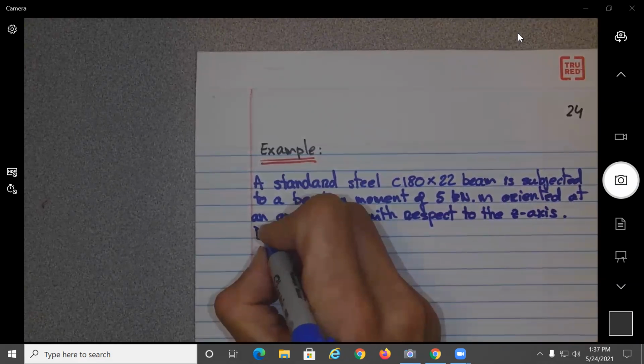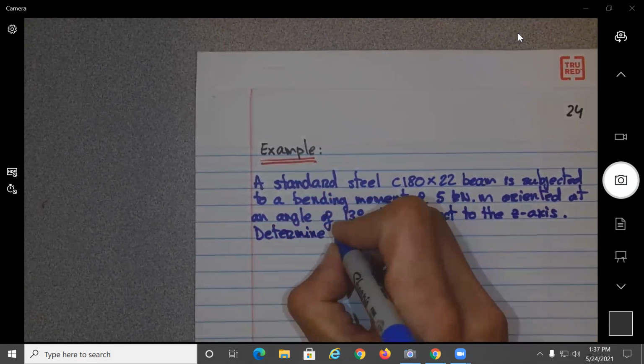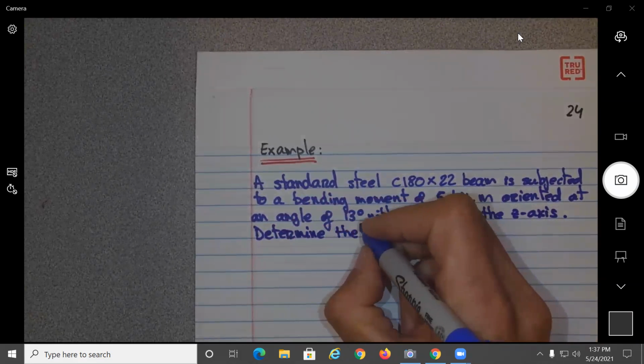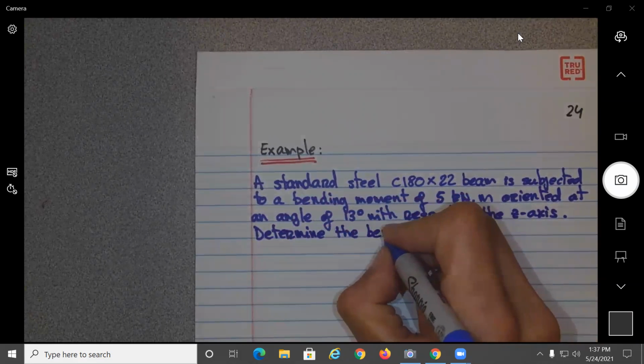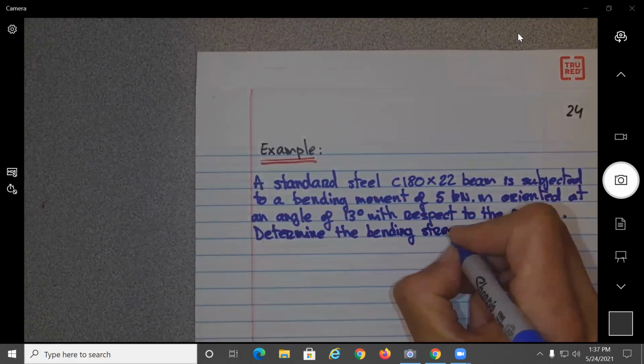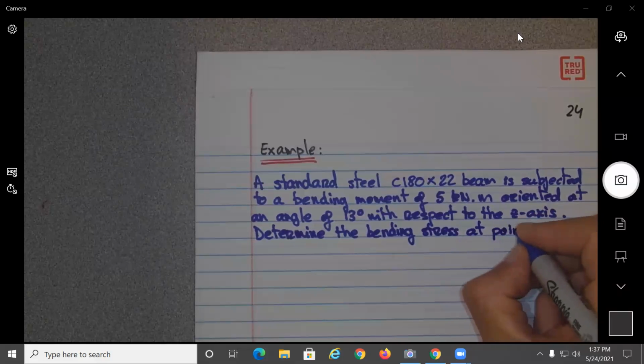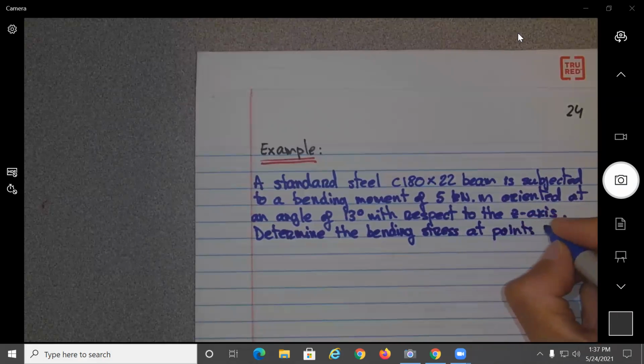Determine the bending stress at points H and K.